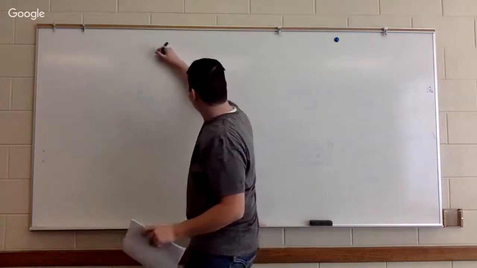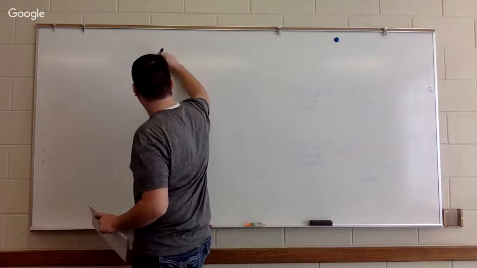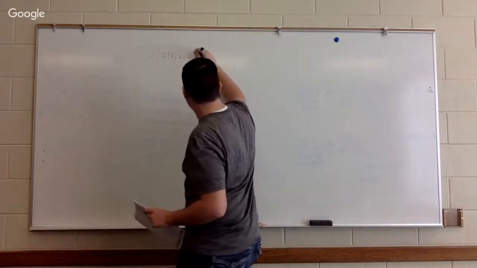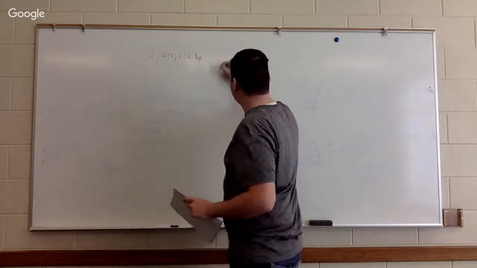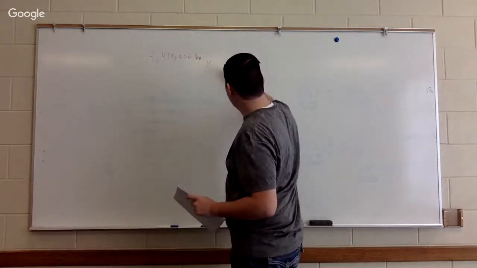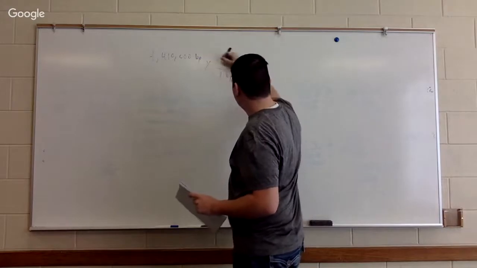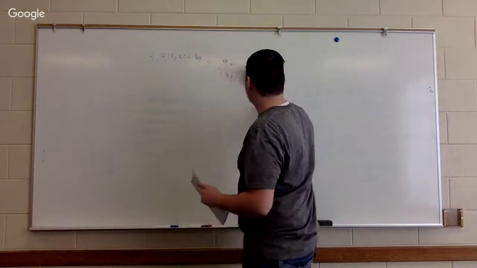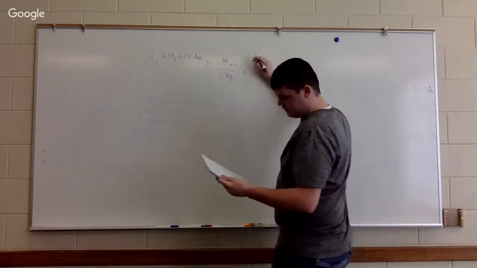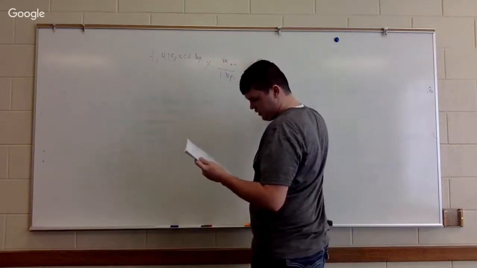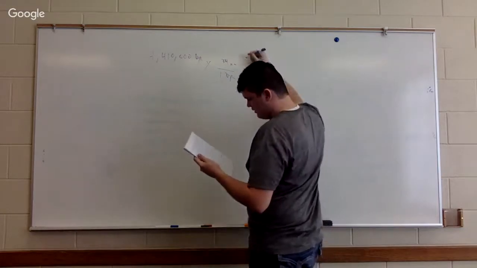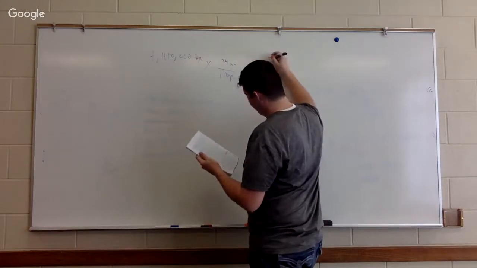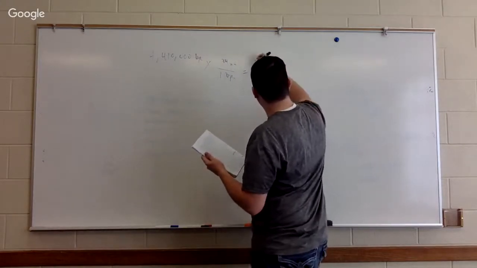We know the number of base pairs is 4,410,000, and one base pair is 0.34 nanometers. Base pairs cancel out, which gives us this big old number.